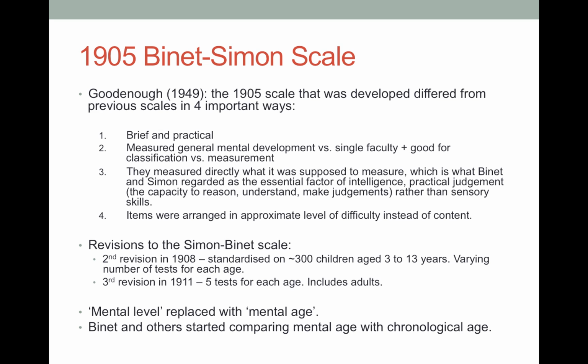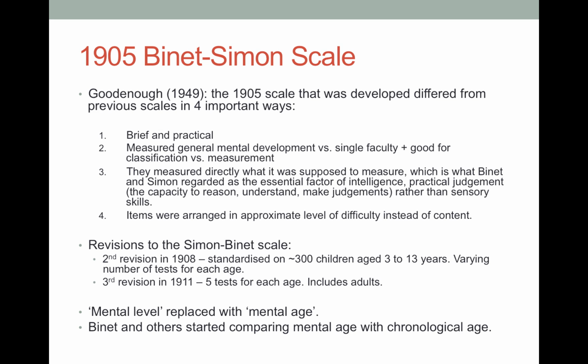Thirdly, it measured directly what it was supposed to measure, which is what Binet and Simon regarded as the essential factor of intelligence: practical judgment, the capacity to reason, understand and make judgments, rather than sensory skills. And fourthly, the items were arranged in approximate level of difficulty instead of content.